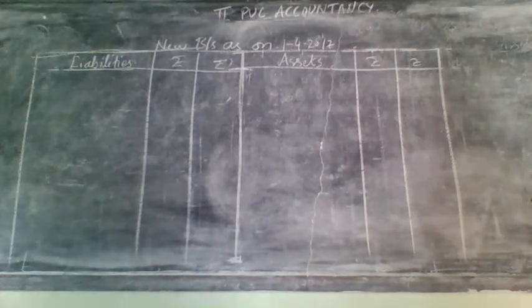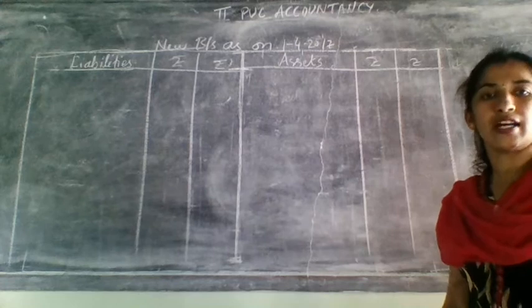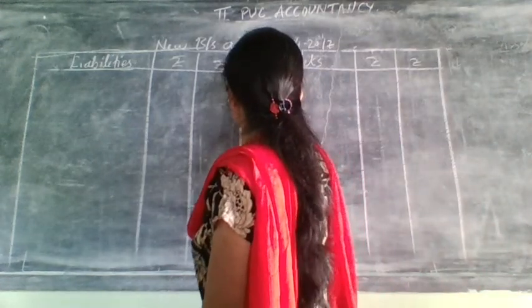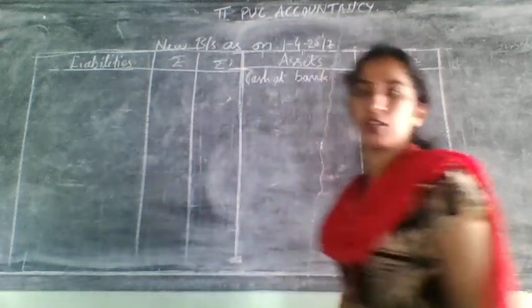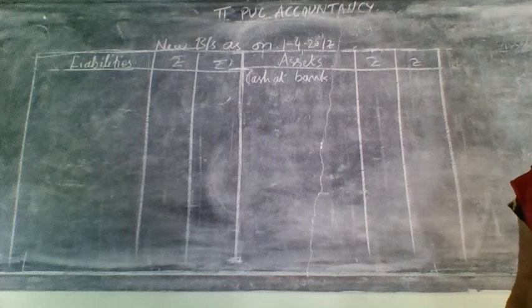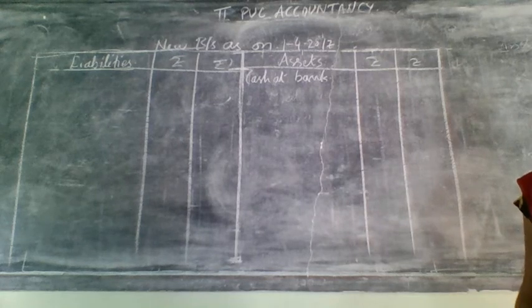Next, after this, what you need to do? We'll start from which side? Asset side. First item they have given is cash at bank. When the goodwill was created, there was not much adjustment for cash. So here also you are having only one adjustment for this.